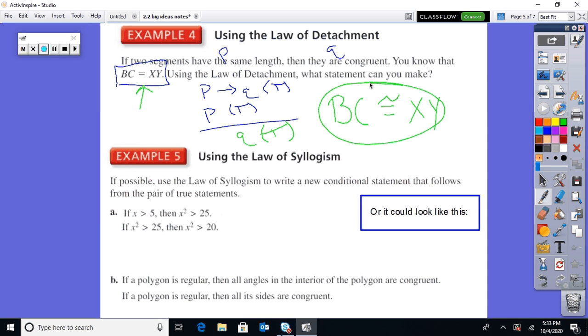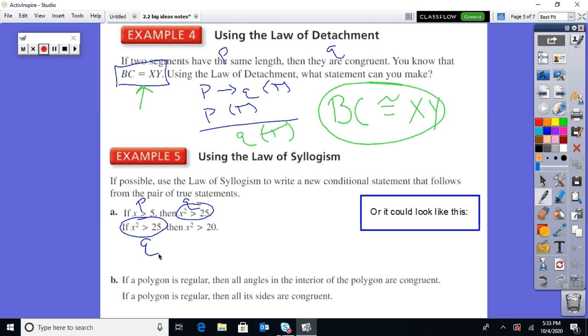Now in example 5, here's an example of the law of syllogism. If possible, use the law of syllogism to write a statement that follows. So now check this one out. Here's your P to Q. If x is greater than 5, then x squared is greater than 25. Then they come back at you with that exact same thing in the next sentence.